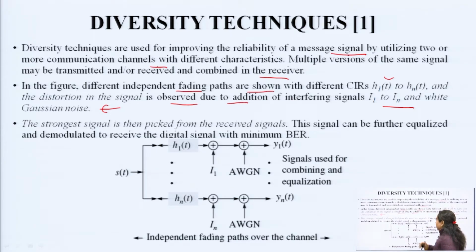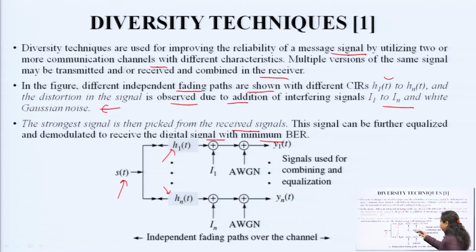The strongest signal is then picked from the received signals. ST is the signal that we have transmitted. Different filters are there with transfer functions H1T to HNT, which means n different branches can be connected if there are n different signals received. Then it is demodulated to receive the digital signal with minimum bit error rate.